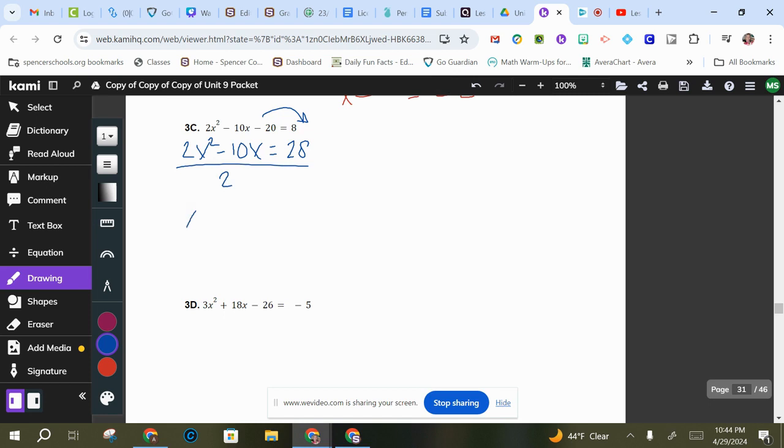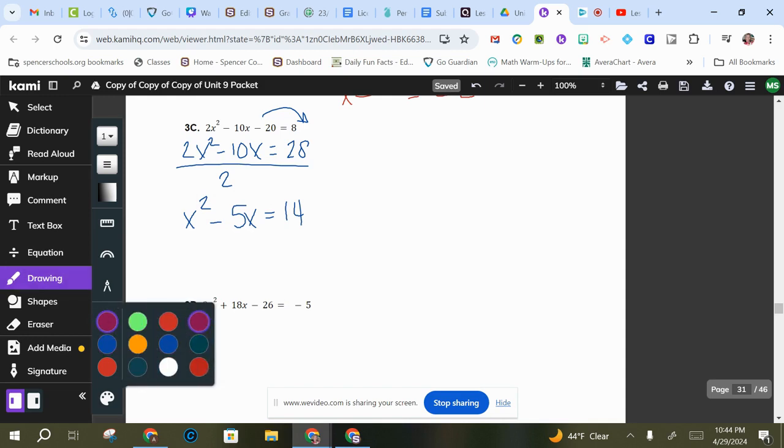The equation I'm going to start with here is x squared minus 5x equals 14. I'm going to bring this over here because I seem to write too big and I run out of room every time. So we're going to have x squared minus 5x, leave a space, equals 14. Make my little box down here.